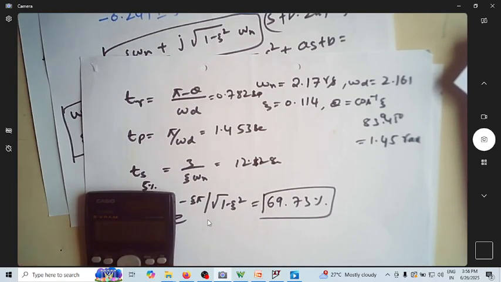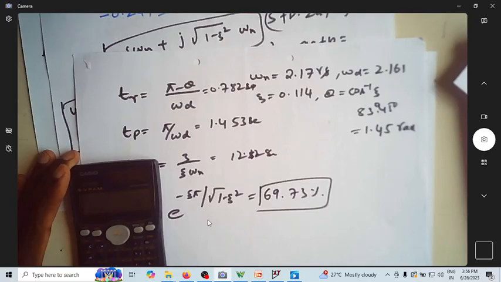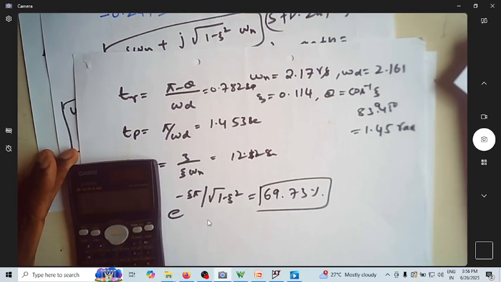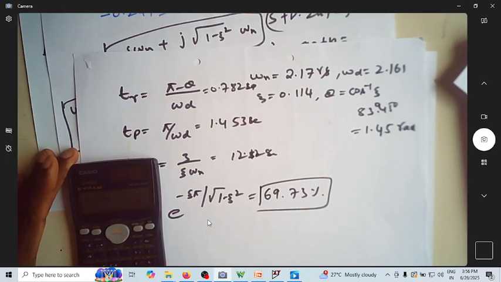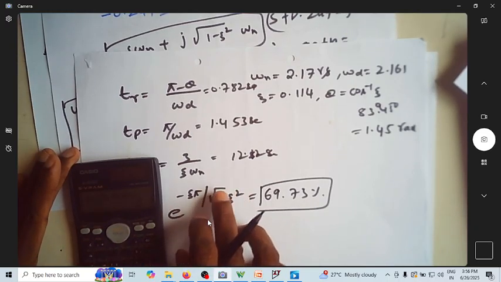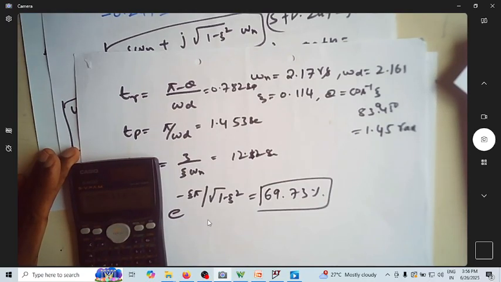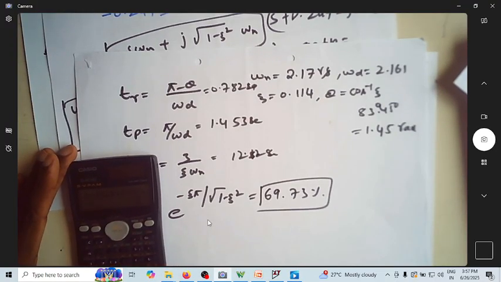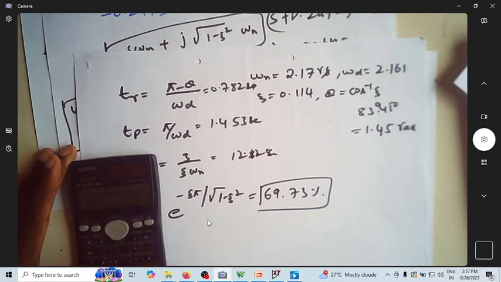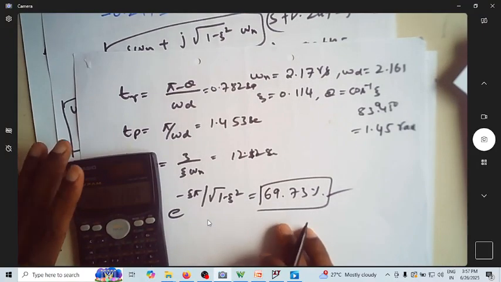Let me just do it again. e power minus of 0.114 into pi, close the parenthesis, then divided by under root of 1 minus 0.114 square, close. Yeah, it's fine. So it is this much.